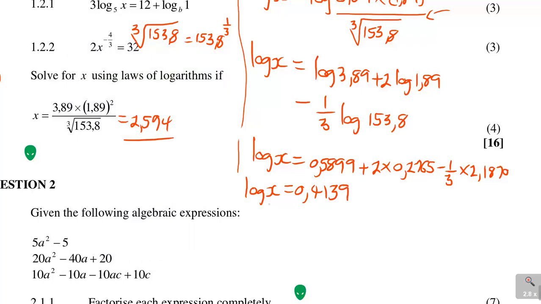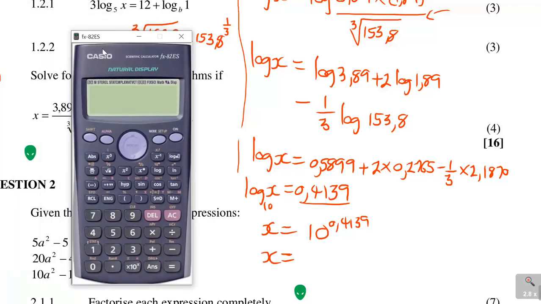Now remember I said there is a 10 there, so we're going to say x is 10 to the exponent 0,4139. Then you check if it gives us now the answer that is similar to that one.